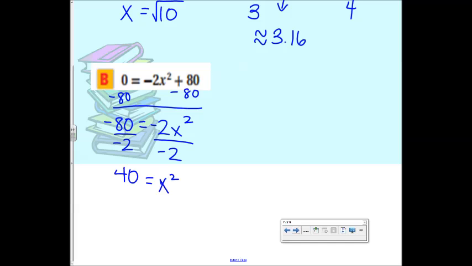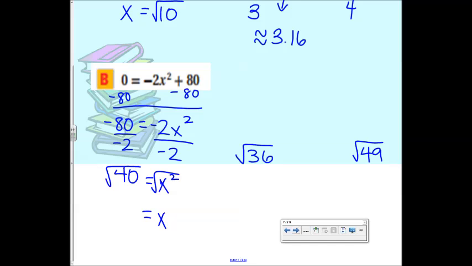Now from here, what do I do? Square root, x equals the square root of 40. Okay, what perfect squares is 40 in between? What's the closest perfect square you can think of? 6 and 7. What's 6 squared? 36. And what's 7 squared? 49. So it's somewhere between there. Which one's it closer to?